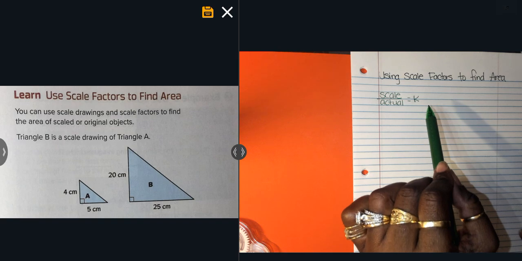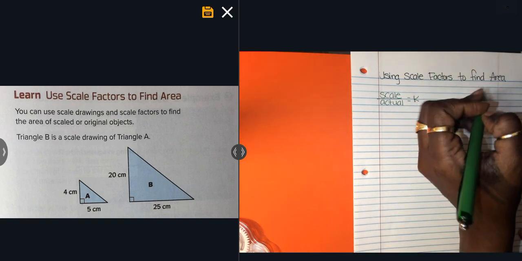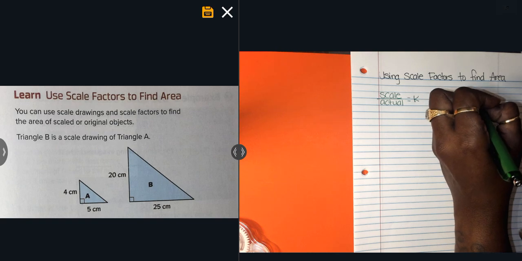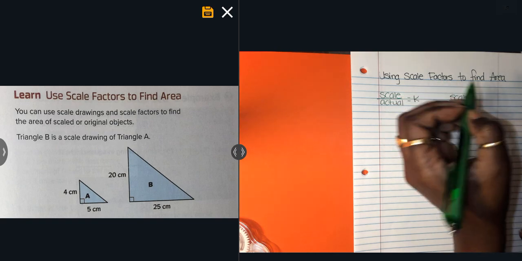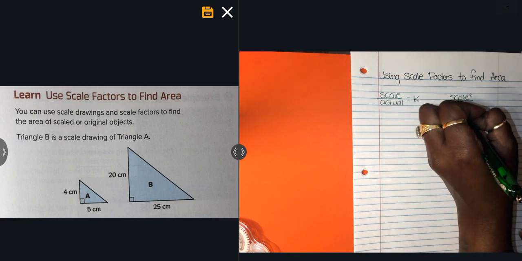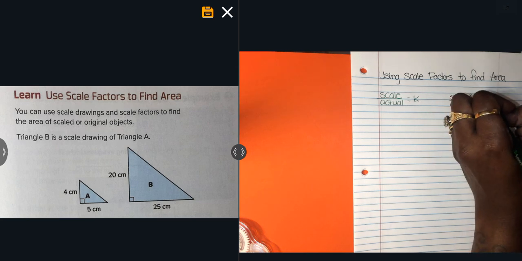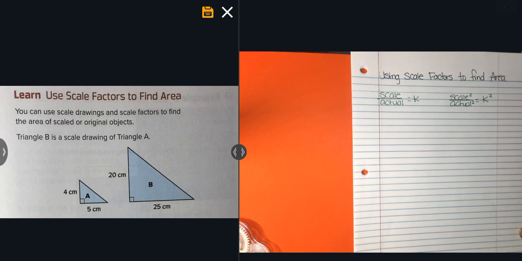But if I want the area of the scale factor, then I need to know what the scale is squared and what the actual amount is squared, which means that my scale factor is also going to be squared.